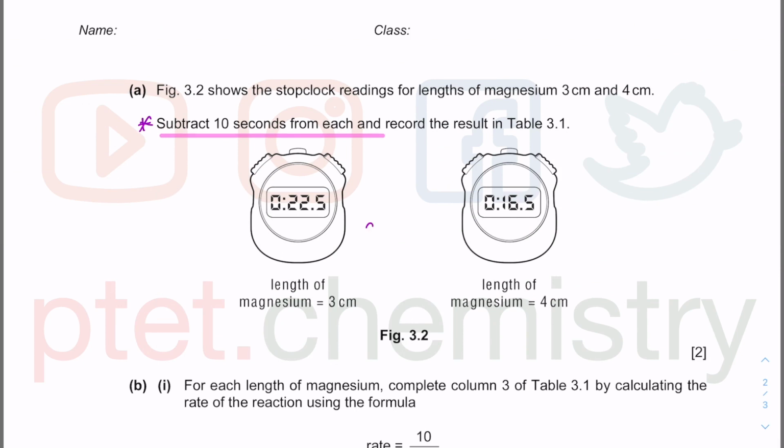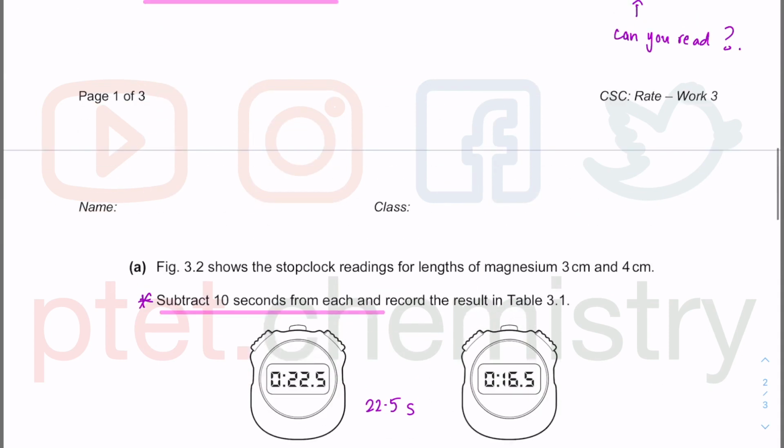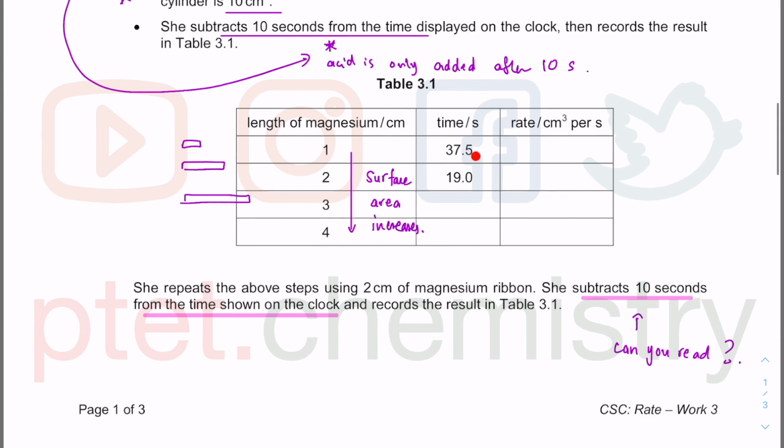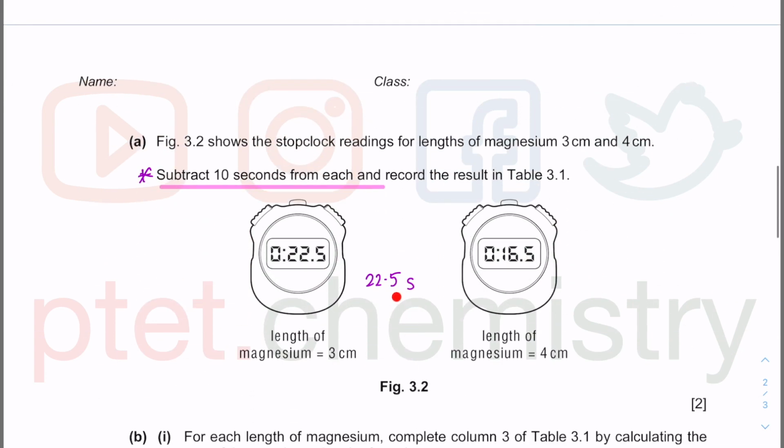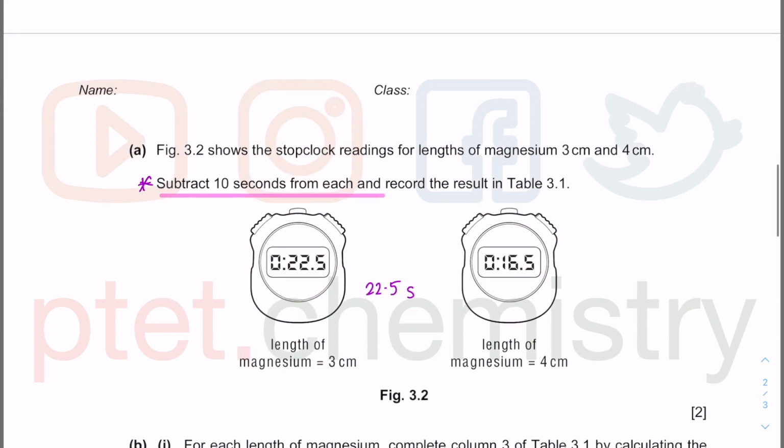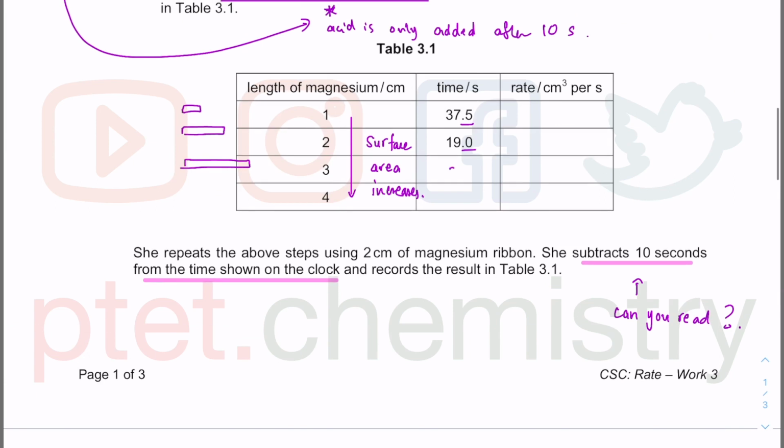Here, what you read is 22.5 seconds. And you want it to the nearest second. As you could see in the table here, this is 0.5 or 0.0, so you can do the point something. So 22.5, that's going to be what you put in for the 3 cm of magnesium.